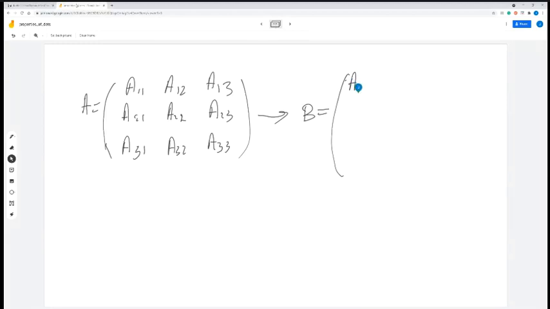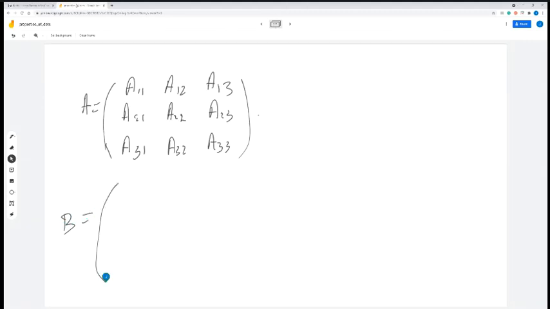So it's A11 plus K times A21, and the second entry is A12 plus K times A22. The last entry won't fit, so let me make some more room and write it down here.